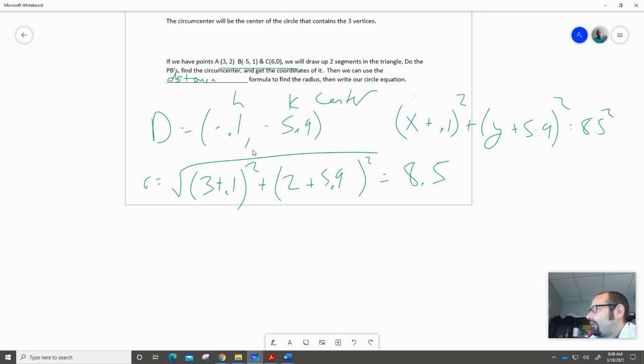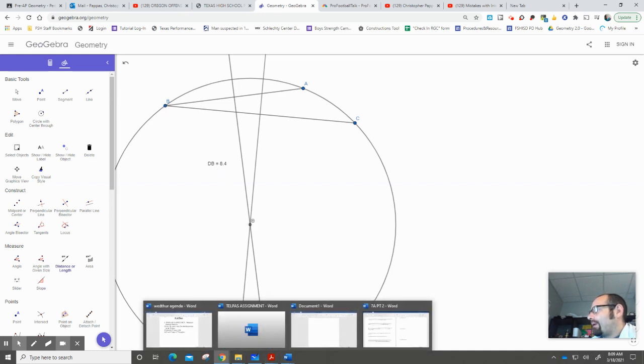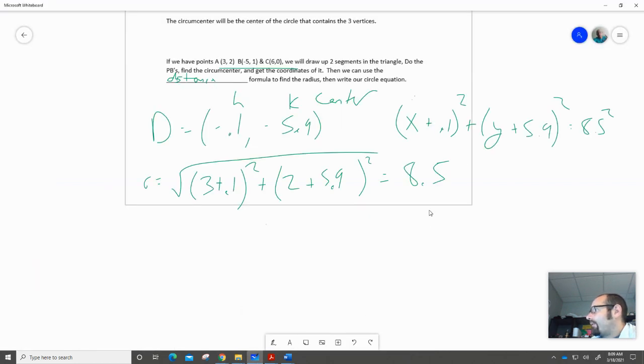We had 3.1 squared plus 7.9 squared, and we square rooted that, and we got 8.5. We could always check ourselves by finding the distance from D to B: 8.4, 8.5, pretty close, a rounding thing. So that's our radius, 8.5.